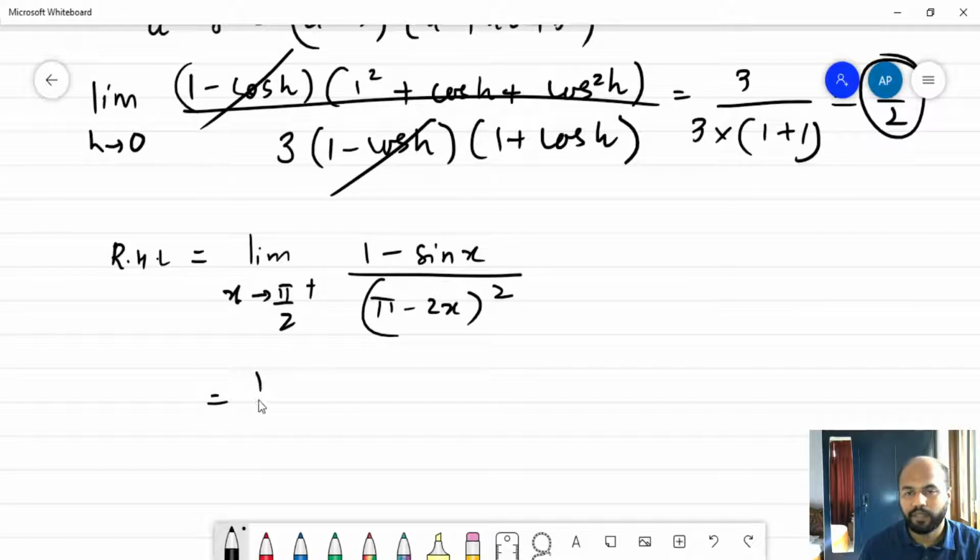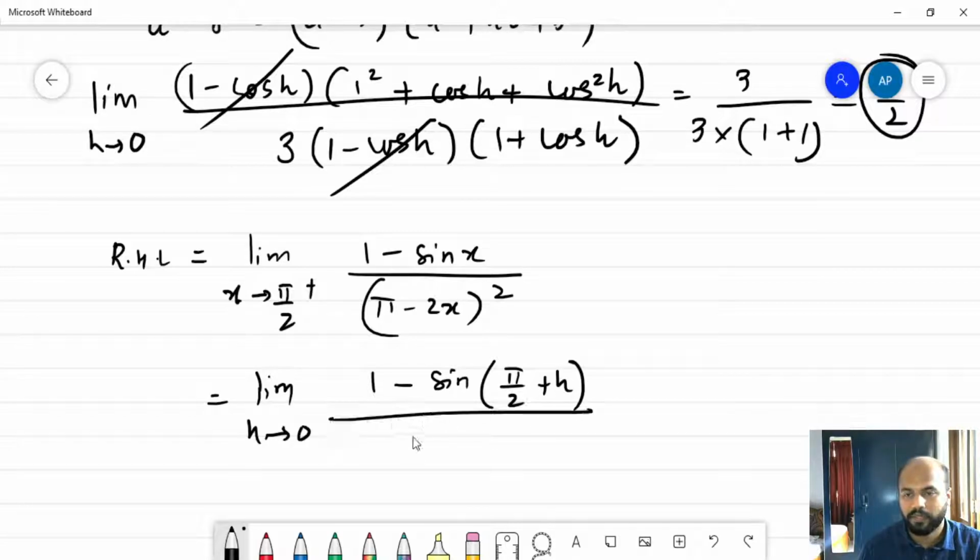So overall what we are going to get is limit h tending to 0, 1 minus sine of pi by 2 plus h divided by pi minus 2 into pi by 2 plus h, the whole square. So let's see what we get.